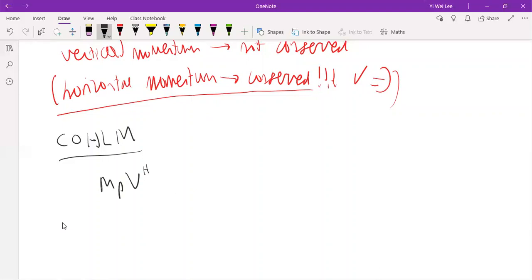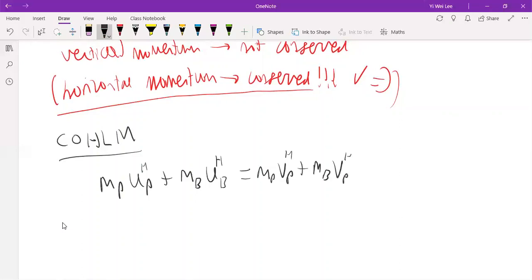So the mass of the particle times the initial horizontal velocity of P plus the mass of the block times the initial horizontal velocity of B is equal to the mass of the particle times the final horizontal velocity of P plus the mass of the block times the final horizontal velocity of B. Now we have this equation here.